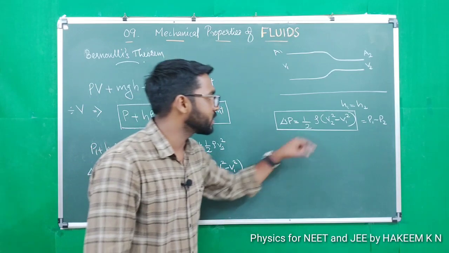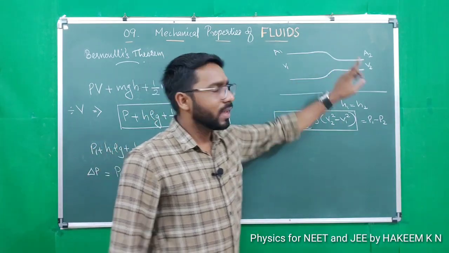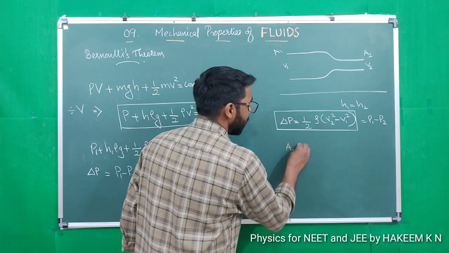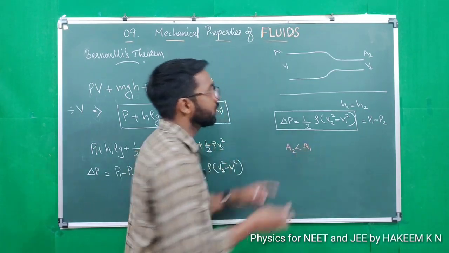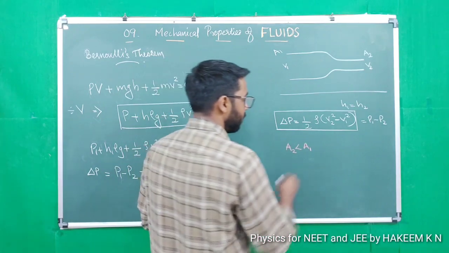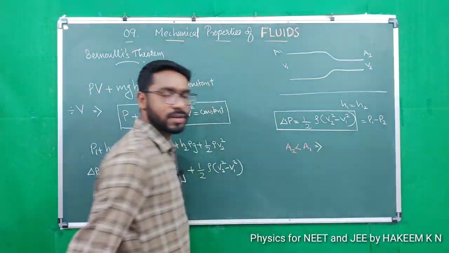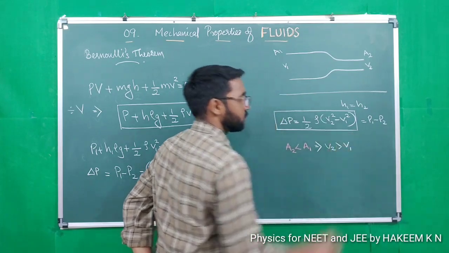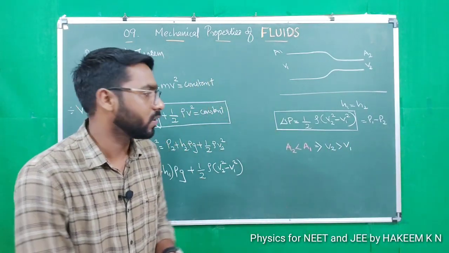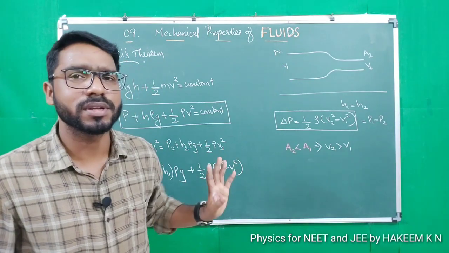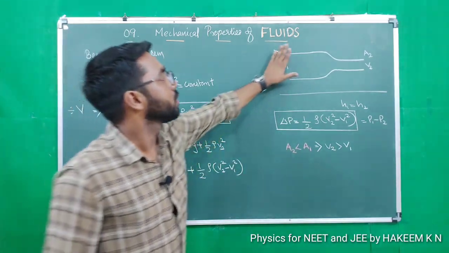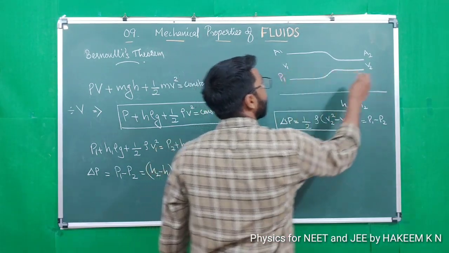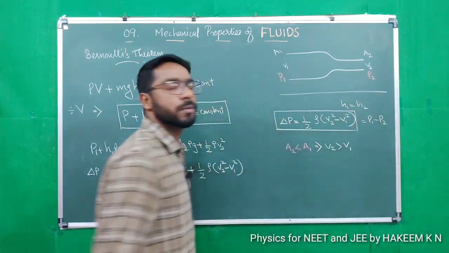From here you can see, according to the equation of continuity, A2 is less than A1. If A2 is less than A1, then V2 should be greater than V1. Then at which point is pressure maximum? At the starting point here P1 and here P2. Which pressure is maximum, P1 or P2?